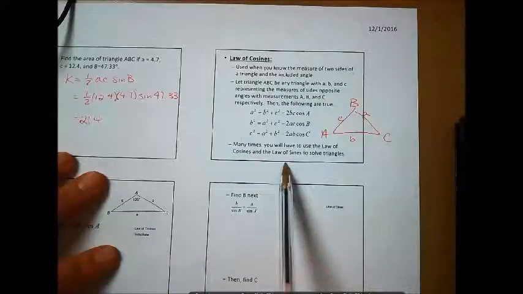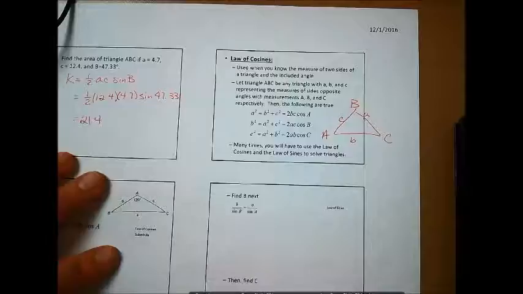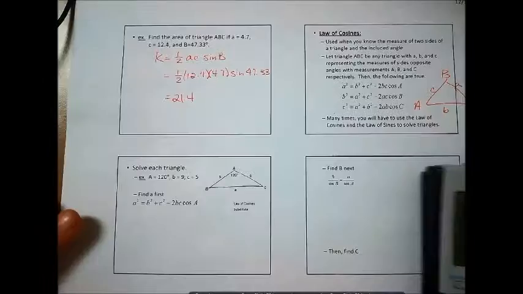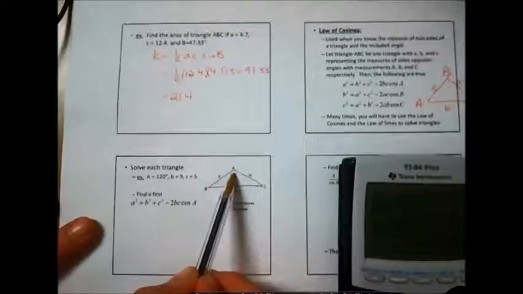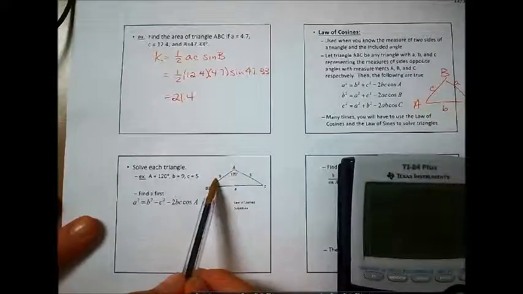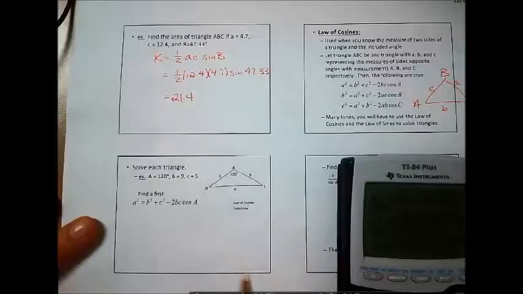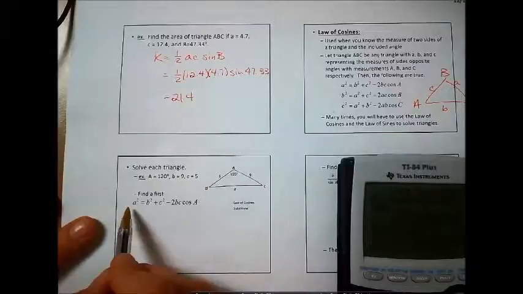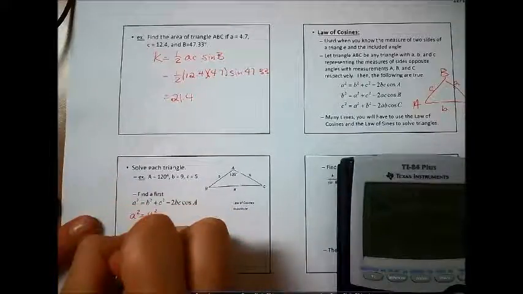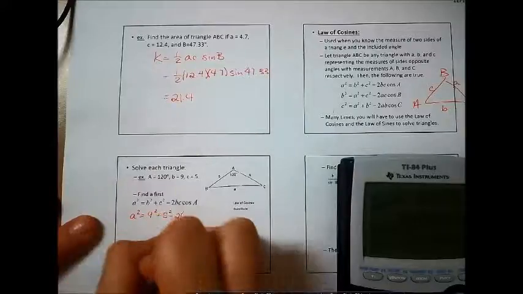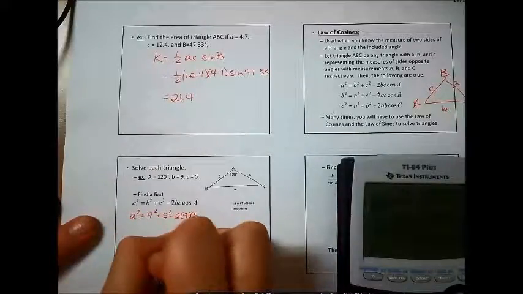Okay, so first thing we're going to do is we have big A, little c, and little b. And so first we're going to plug all these in to find little a. So a squared equals 9 squared plus 5 squared minus 2 times 9 times 5 times the cosine of 120.